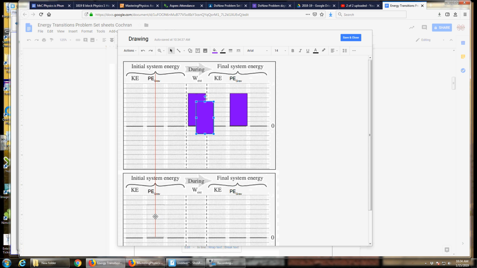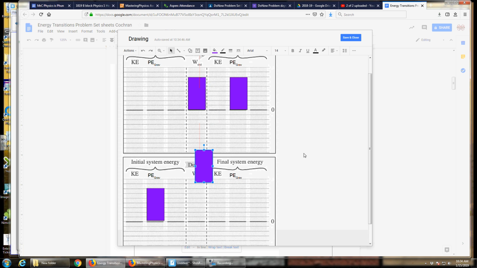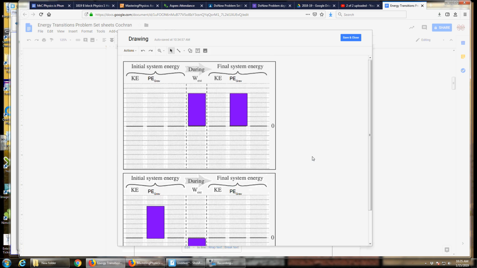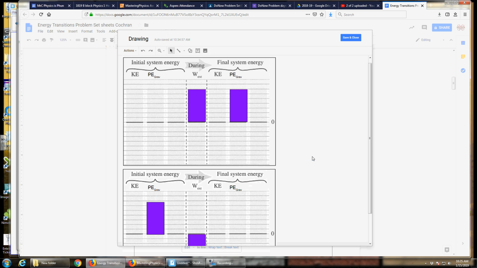When it's at the top, it's got a lot of that PE grav. But when it's down on the ground again, it's got none again. So that's what I had.